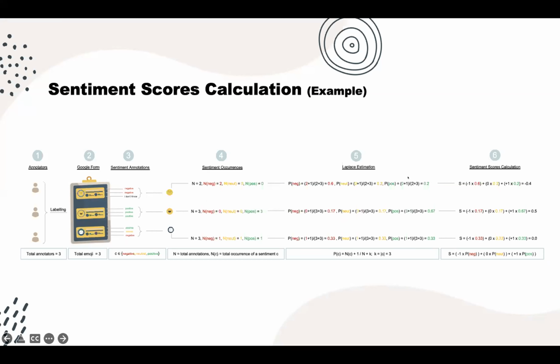Finally, we compute the mean of these distributions by just adding the minus of the negativity with the plus of the positivity to get the final score. For example, the first emoji is minus 0.4, and the second is 0.5, and the last one is 0.